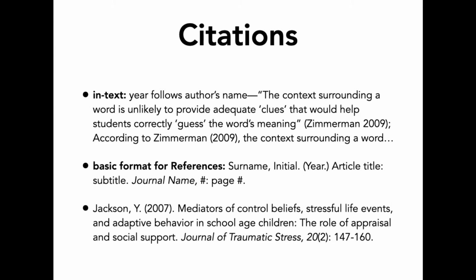On the second bullet point, you have the basic format for the references page. Again, this is something you may want to write down as kind of a formula for future reference. So you've got the author's last name, and then instead of putting their entire first name, you just put the initial of their first name, and then the year of publication in parentheses, the article title and subtitle, the journal name, which is in italics, and then the journal number.